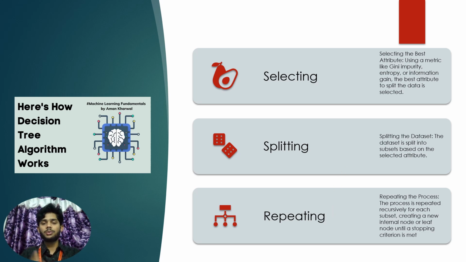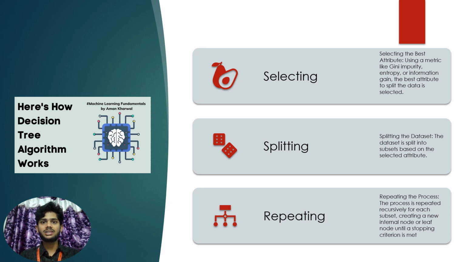So these are the three processes. First is selecting. First the attribute or the node is selected according to the decision, whether the decision is right or wrong, or we can say the next step is fit or unfit, and then next splitting. The data set or the node is split into further parts, to check whether we selected the node correctly or not.